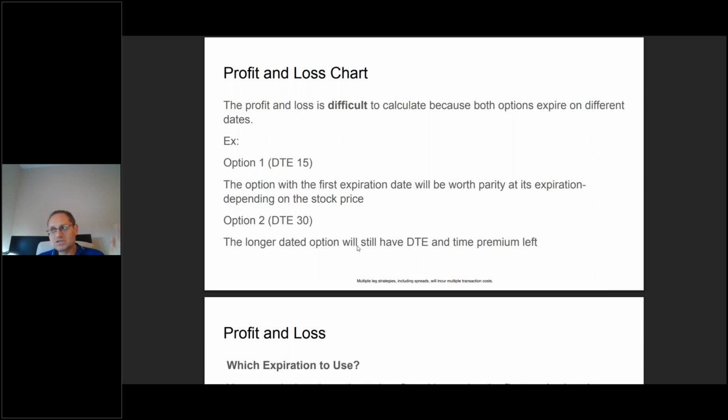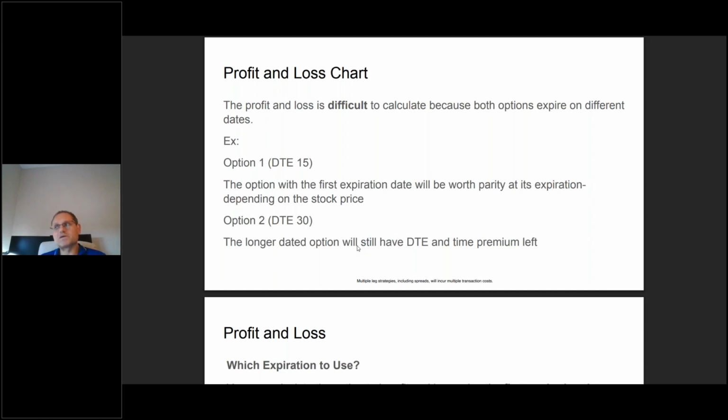The estimate is based on when the first option expires, because when the first option expires, the one with fewer days to expiration, that option will be either worthless or in the money. So we'll know at different stock prices what that option would be worth. And at that time, the calendar spread ceases to exist because it's no longer a calendar spread.